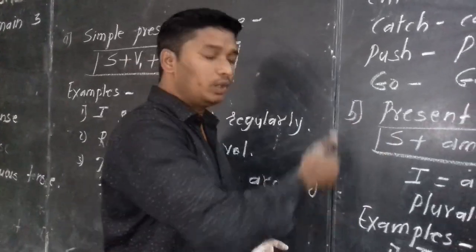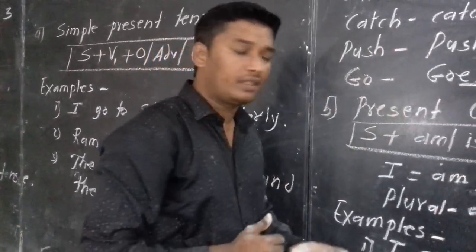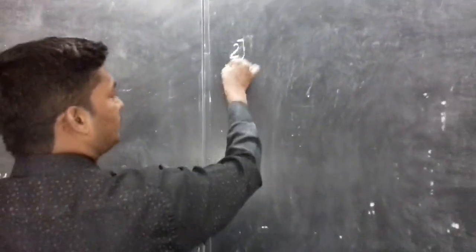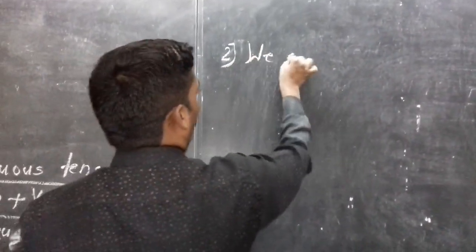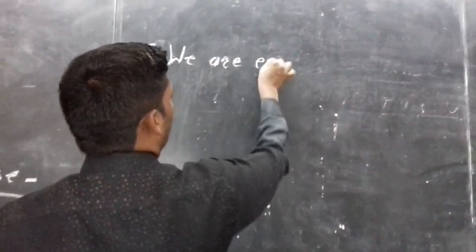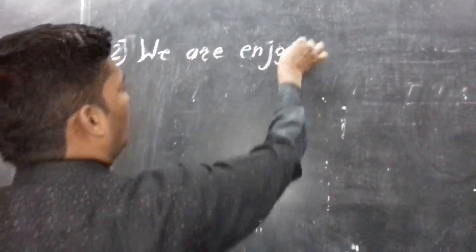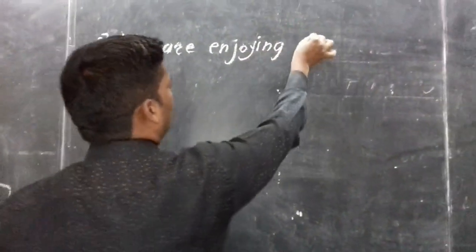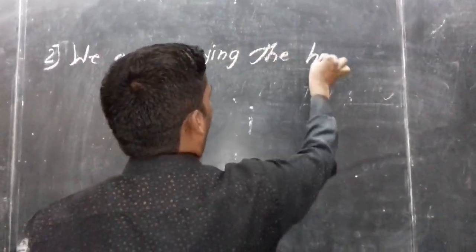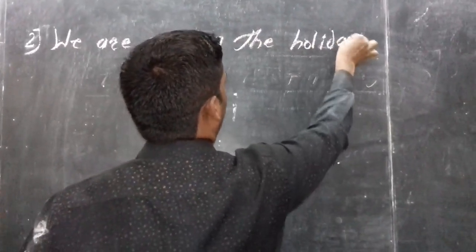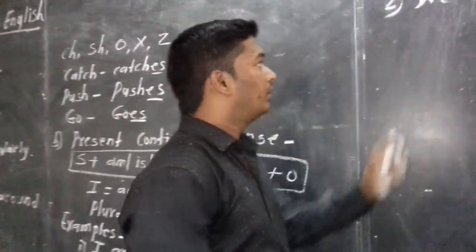Now look, another two examples of this present continuous tense. Second example, we are enjoying the holidays. We are enjoying the holidays.